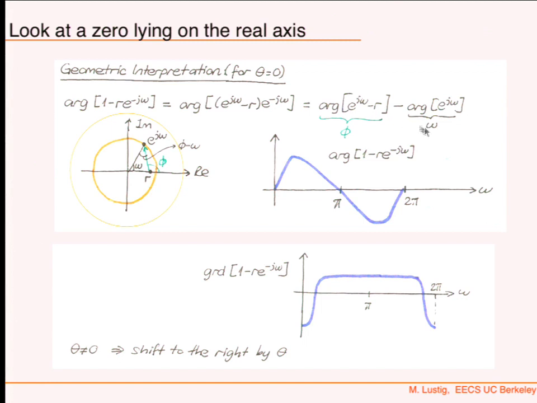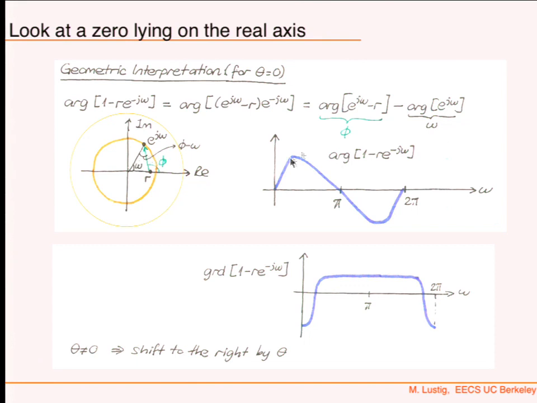So let's see. If this we call omega, and this we can call phi, what is really omega? Omega is the angle where we want to evaluate the phase response with respect to the real axis. So this is really the frequency along the unit circle. It goes from minus pi to pi, of course, and those correspond to digital frequencies.